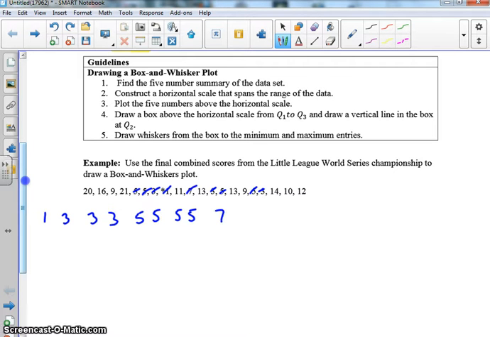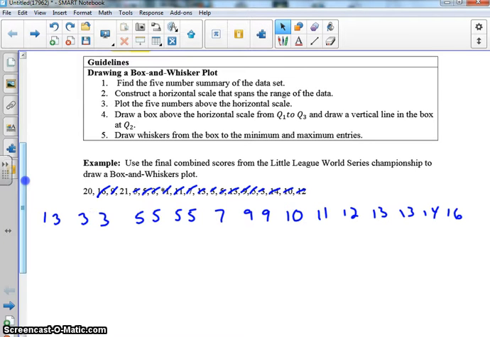If I happen to miss one, I'll come back and pick it up, but I'm going to try and be careful not to miss any. 9, 9, 10, 11, 12, 13, 2 13s, 14, 16.